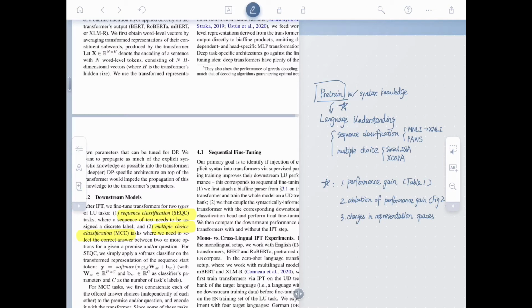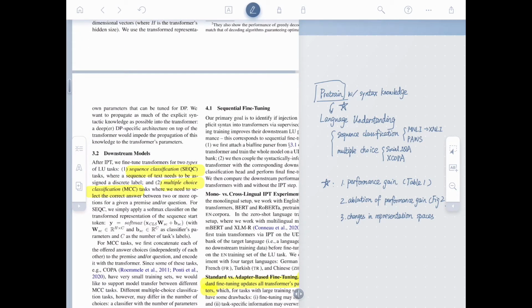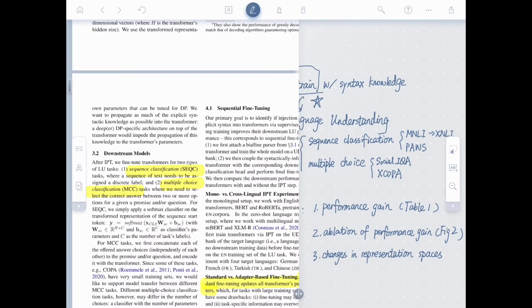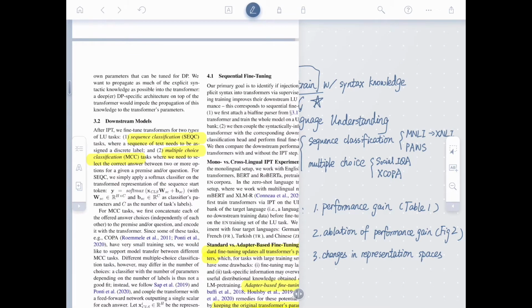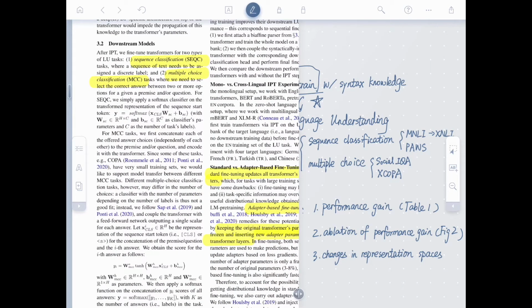After pre-training, they fine-tuned on downstream tasks. There are two categories of downstream tasks: sequence classification, SEQC, and multiple choice classification, MCC. The sequence classification includes the MNLI and PAWS datasets, and the multiple choice includes Social IQA and XCOPA.